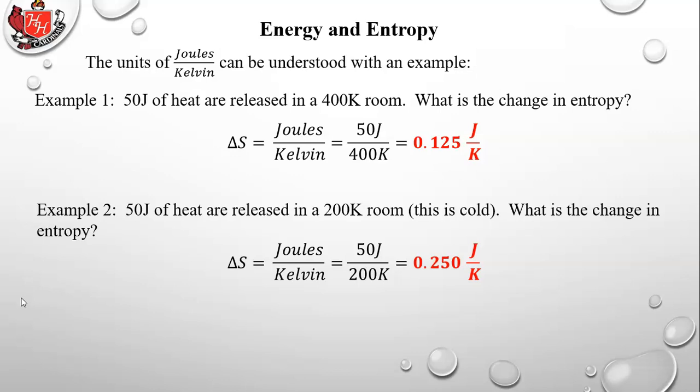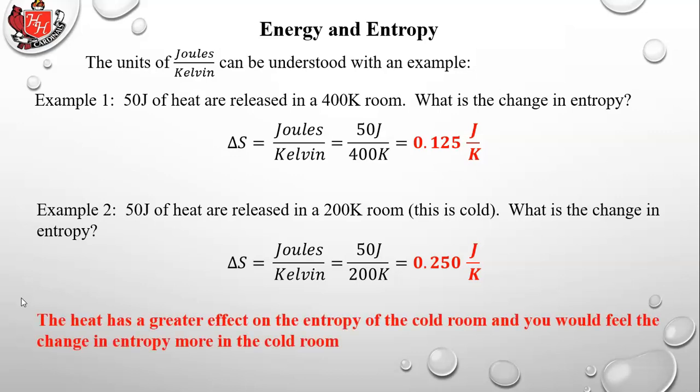What is the change in entropy? It's 50 over 200, so it's 0.25 joules per Kelvin. So twice as much of an entropy change, because the ratio of the heat to the temperature is much greater. The heat has a greater effect on the entropy of a cold room, and you would feel the change in entropy more in the cold room.